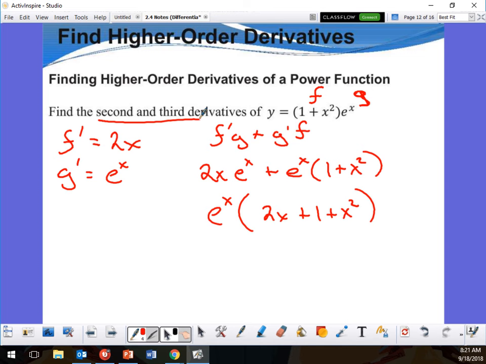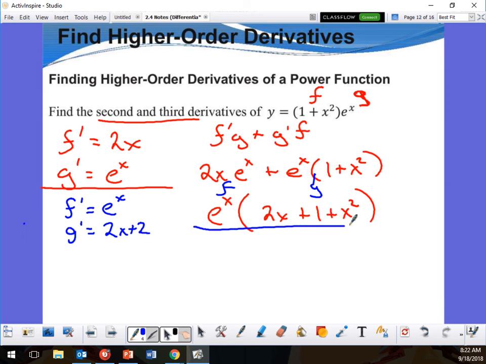Okay, so there's my first derivative. Second derivative, so now this is a product rule again. This is my f and this is my g. F prime for this one would be e to the x, g prime would be 2x plus 2.